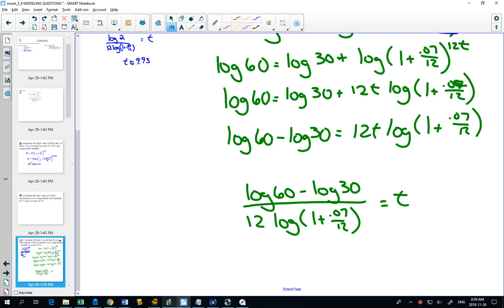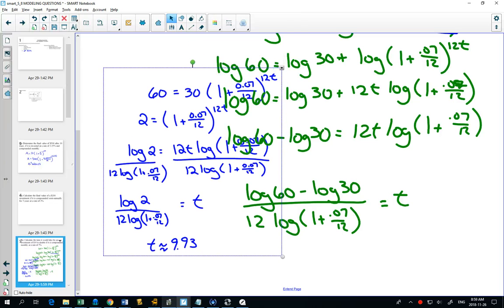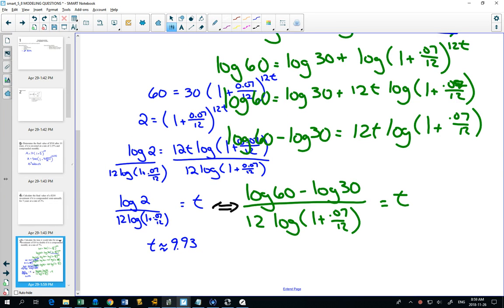Now, if we take our blue equation and expand it again, I want you to look at those two right there and see if you can see why they're the same using your log laws. The denominators are the same, but the numerators are different.